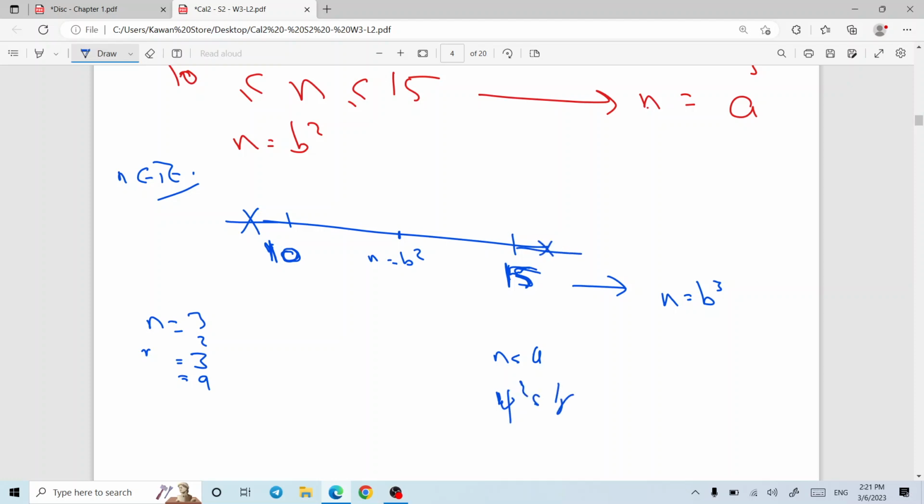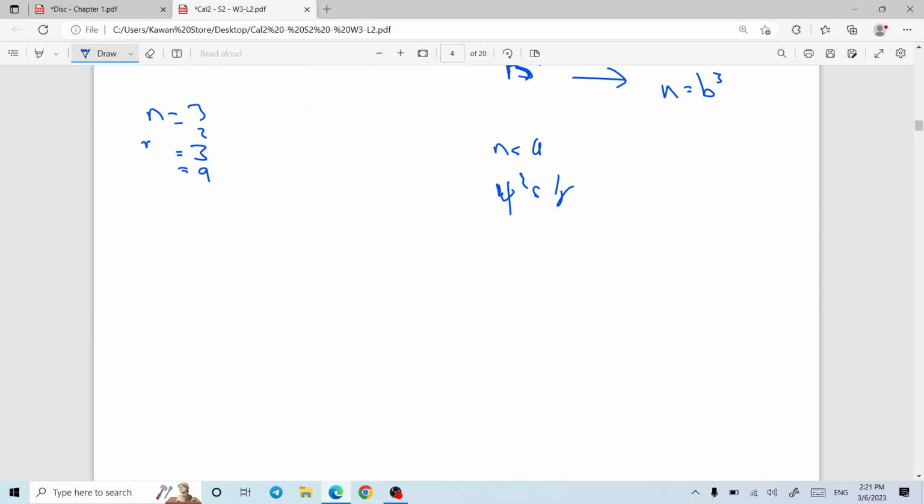So I have 1 square 1, 2 square 4, 3 square 9, 4 square 16. So between 10 and 15, we don't have anything, right? So it means that I start with a false statement. We state a false proposition. We don't have such a thing. So we start with false.